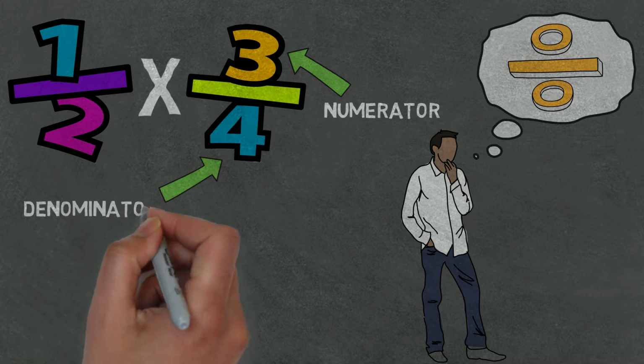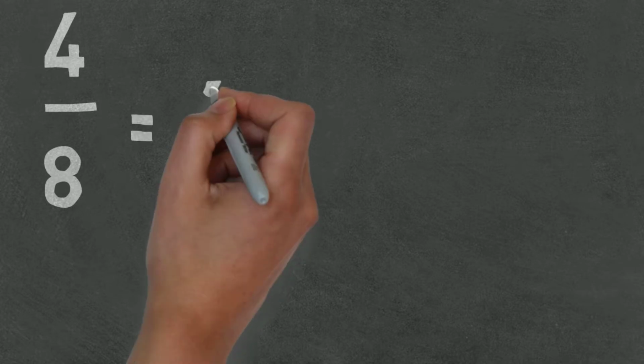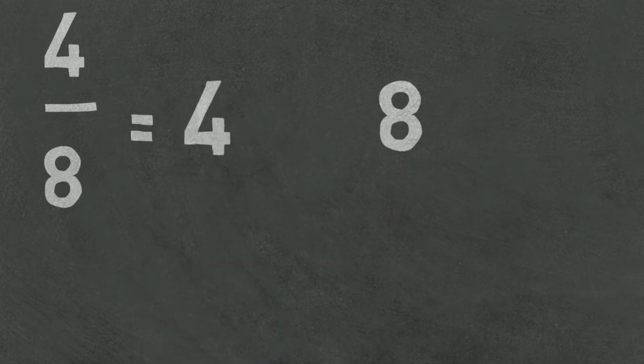This also links into how we form decimals. For example, the fraction 4/8 is the same as asking what is 4 divided by 8, or 4 split into 8 equal parts. Don't worry if you're not sure how to do this just yet, because this will all be covered in a later lesson.